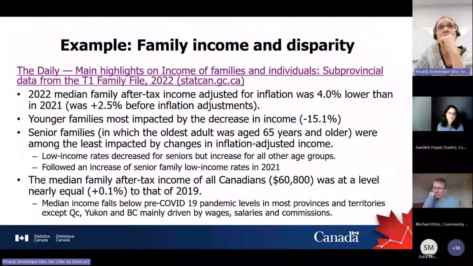In this slide, at the end, I talk about the median family after-tax income of all Canadians being nearly equal, but then I talk about most provinces, where the median family after-tax income fell below the pre-COVID pandemic 2019 levels, except for Quebec, Yukon, and BC. That's the kind of analysis that we would do on a regular basis.